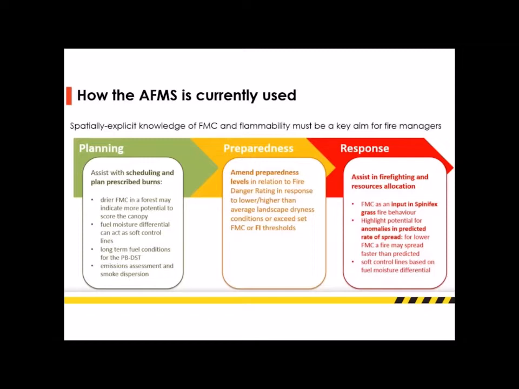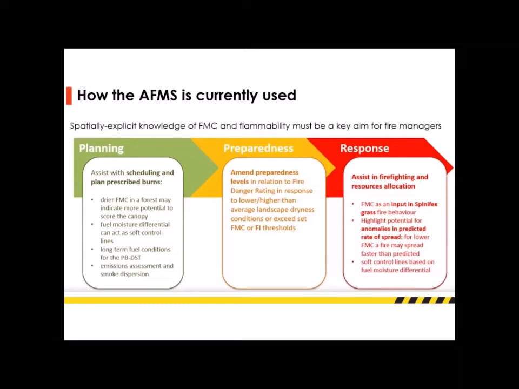In terms of response, the fuel moisture content is an input in one fire behavior model, but for the other fire behavior models that are currently used operationally, this spatial information on fuel moisture content cannot be directly ingested because the fire behavior models are not ready to do that.